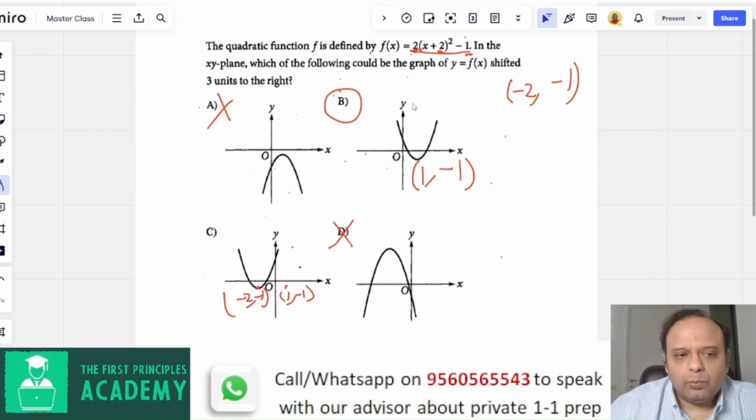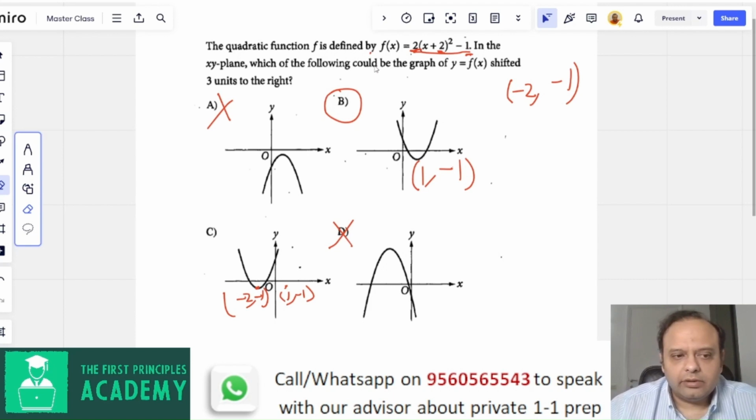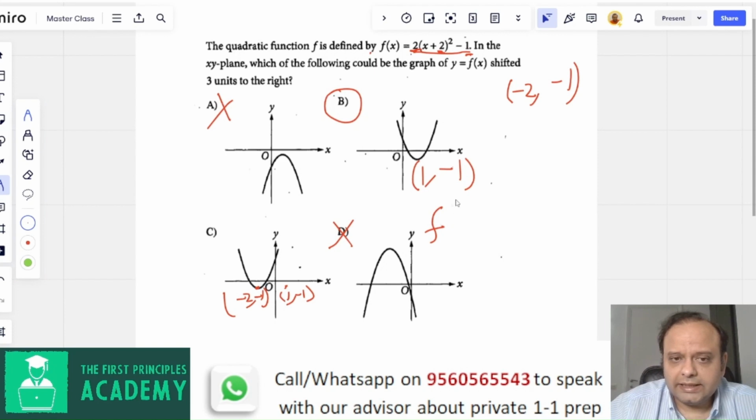Let's also look at one more way of doing this, right? So instead of going through all of this, what if we straight away knew that to shift the function we just need to change x? So let's say the new function is f prime x, and that has the shifted x.